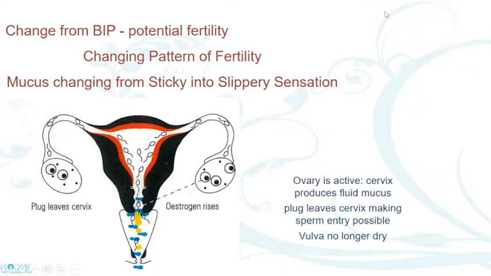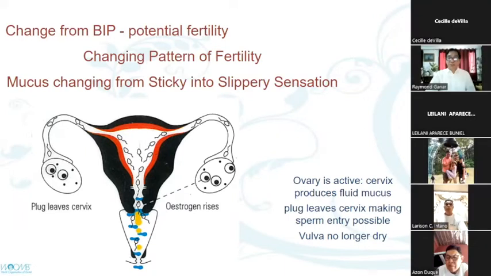What is the importance of the slippery sensation? Take note, the slippery sensation indicates that the egg is already mature and any moment there will be ovulation. That is the importance of the changing pattern of fertility.